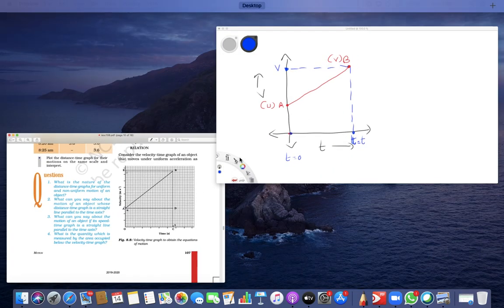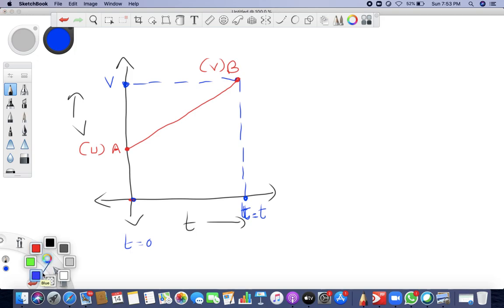This point we call O, this is B, A, B. This point we call C, and this point is D. And this last point we name E. I gave you all these points, just try to look at it properly.